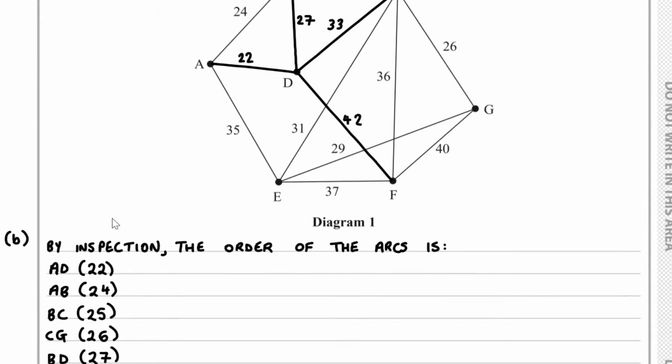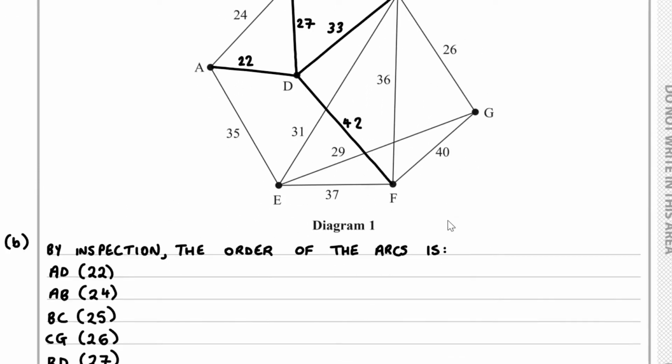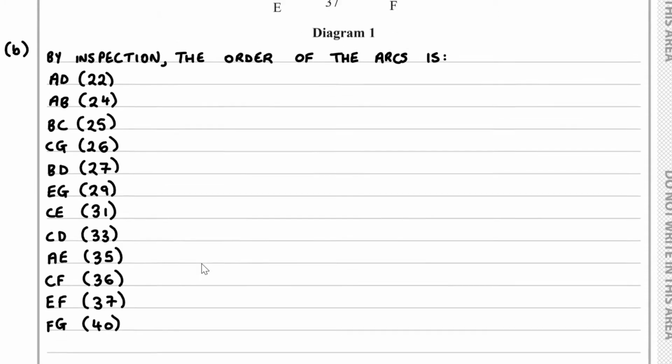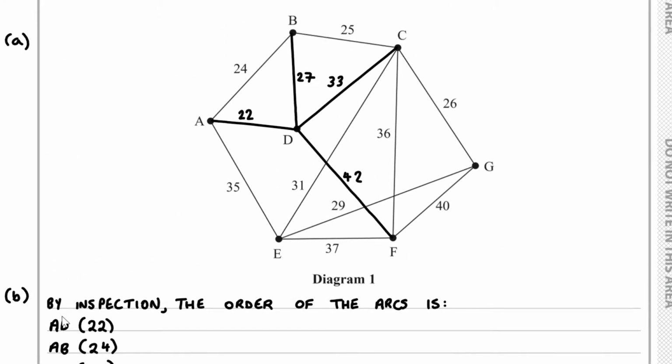And finally, we have FG with weight 40. So now let's form our minimum spanning tree. We begin with AD. So we add on AD over here.